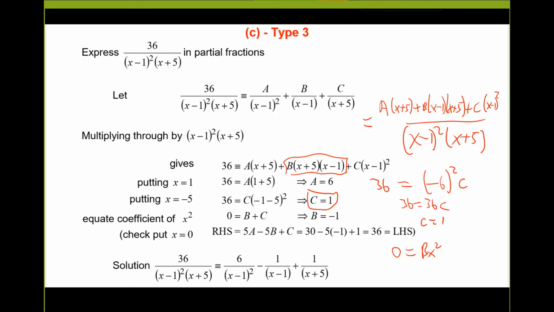I'm going to give myself some more space, I think. Did I freeze? There we go.